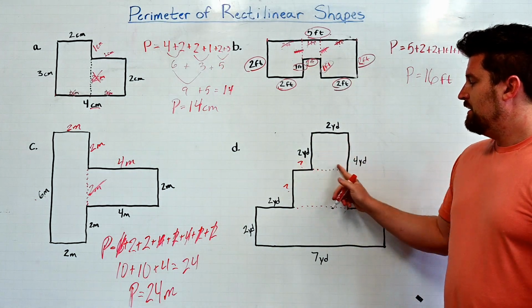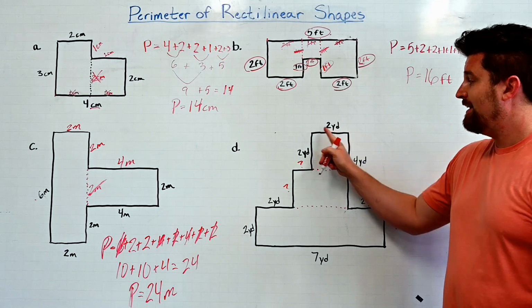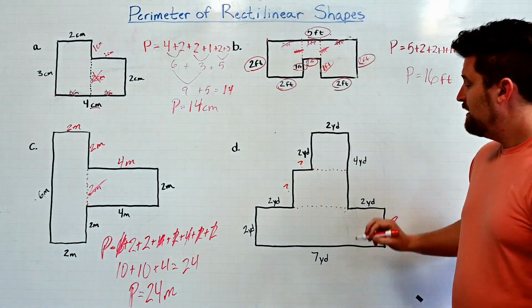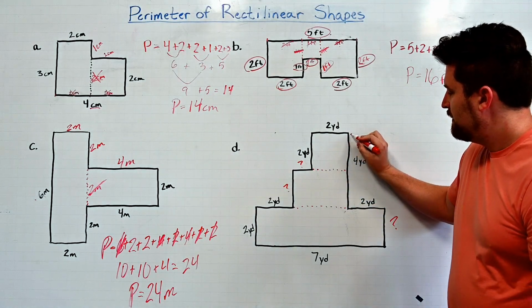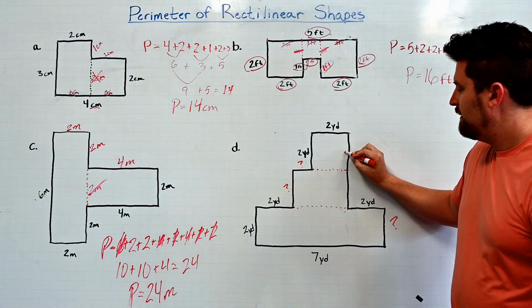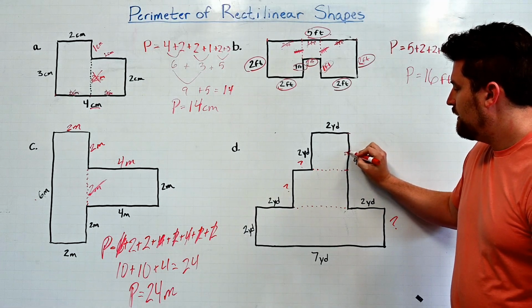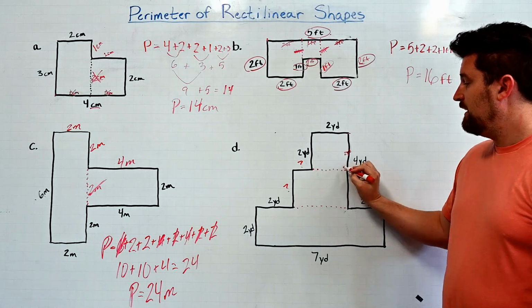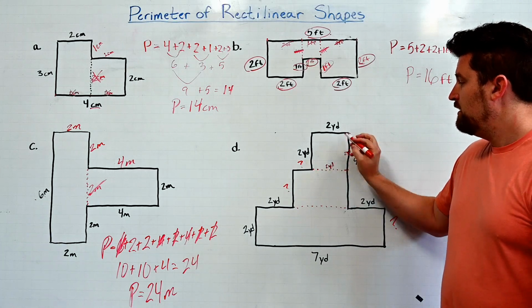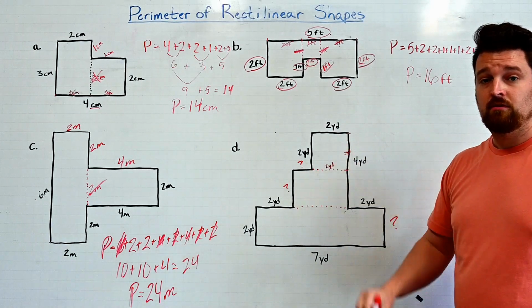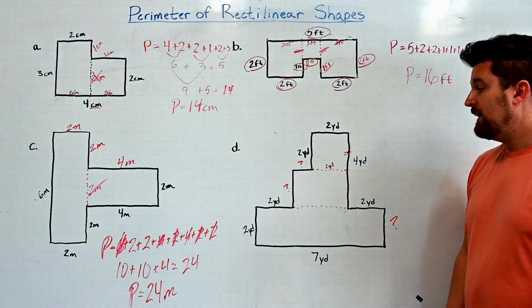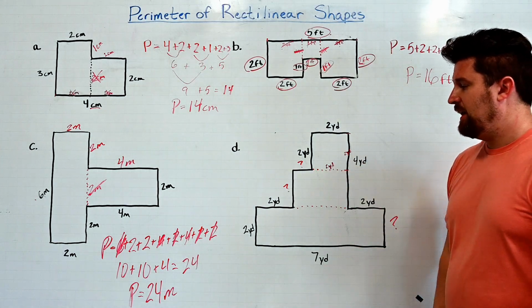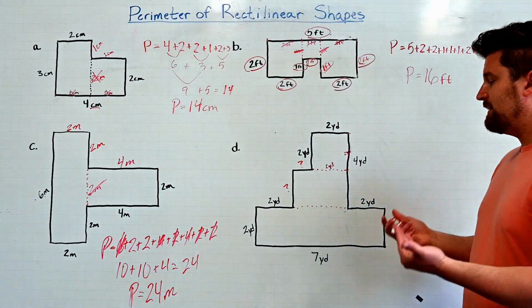So this right here is a quadrilateral, and it has a length and a width that is the same. So that means that this little piece from here to here is 2 yards. And that means my cut line also must be 2 yards because this is a square right here in the middle.